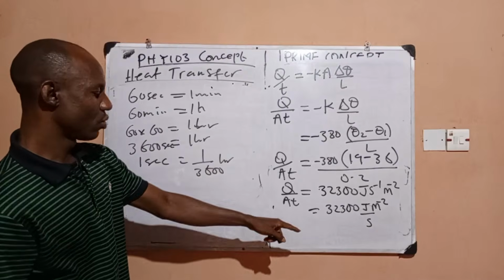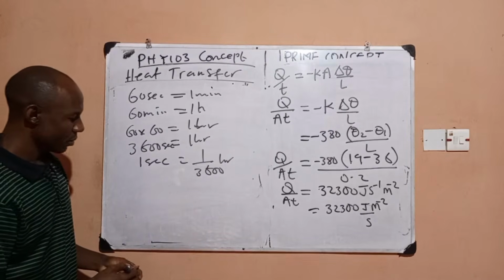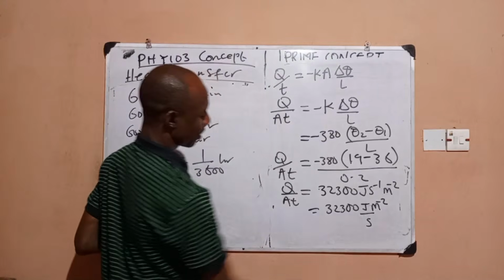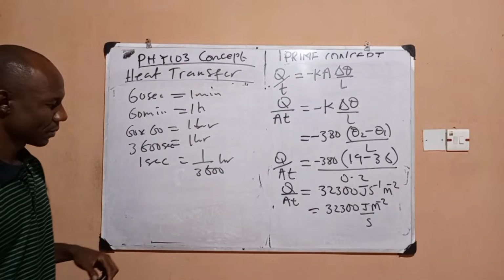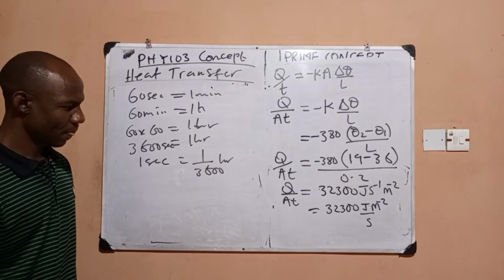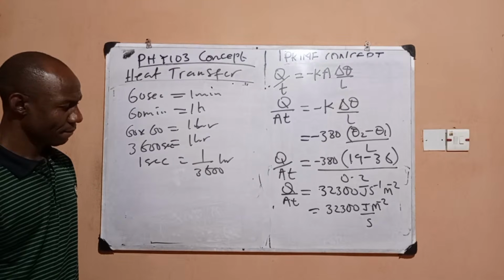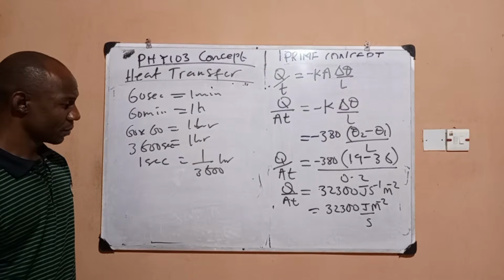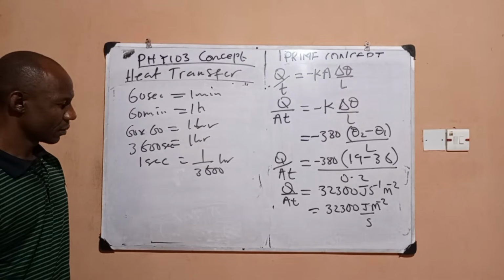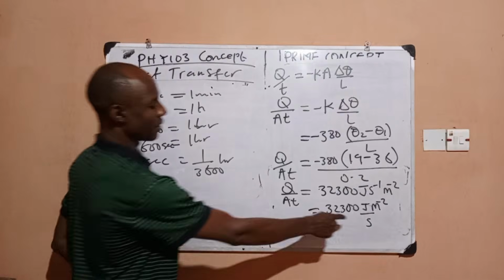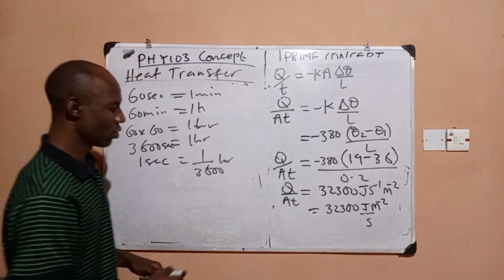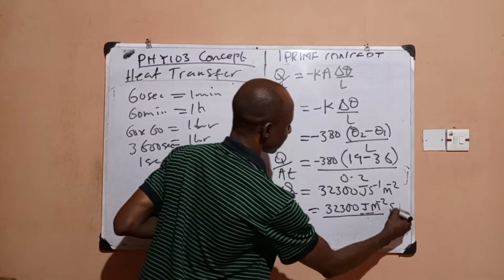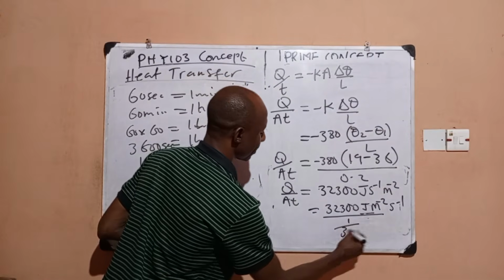So I'm going to be replacing these seconds with 1 over this. So I'm just going to divide this answer by 1 over 3,600.